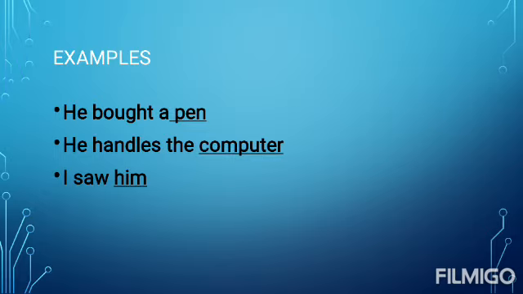The computer is a thing, so it will be the object. I saw him. I is a noun, so it will be the subject. Saw is the verb. Him, here, is the second person, since we have the first person called I. Him is the second person, so we will mark it as an object.